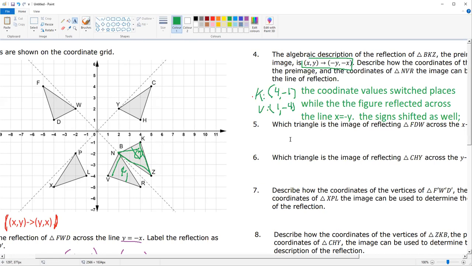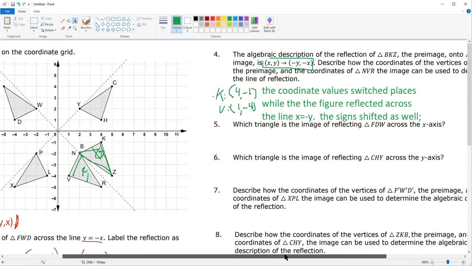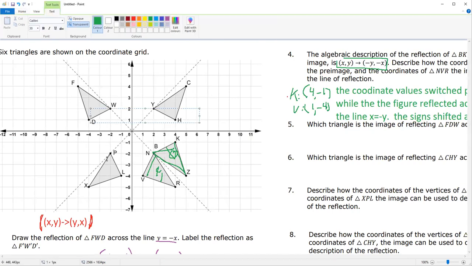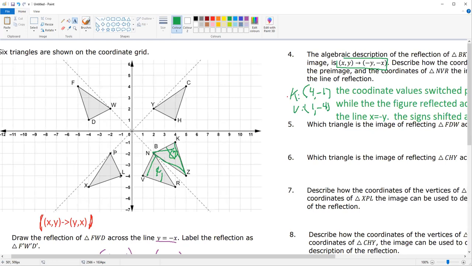Okay, so the next one is which triangle is the image of FWD across the x-axis? Well, that was the original, the post image of PLX that we drew before.